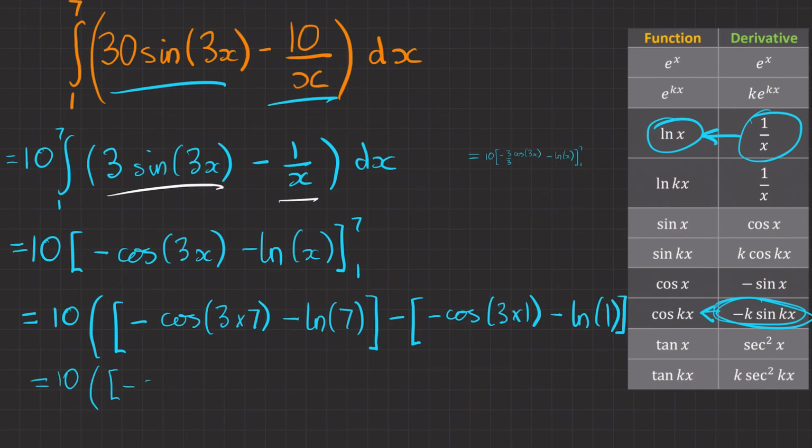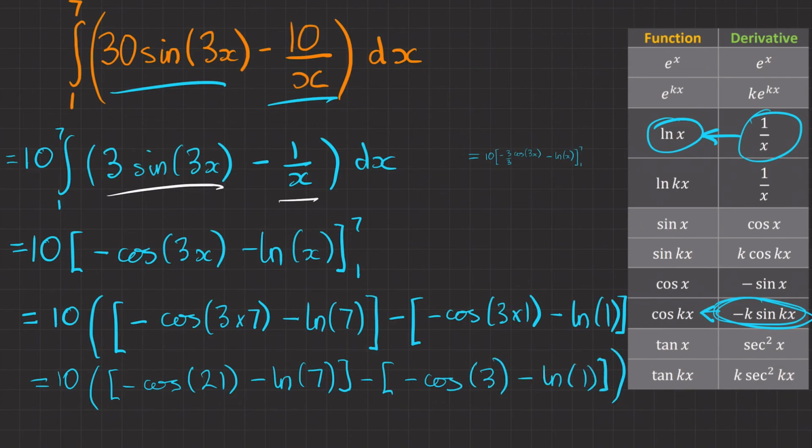And then I'm just going to tidy it up for the calculator. Enter that into your calculator and you'll end up with minus 23.88173385, or rounded to 2 decimal places, minus 23.88.